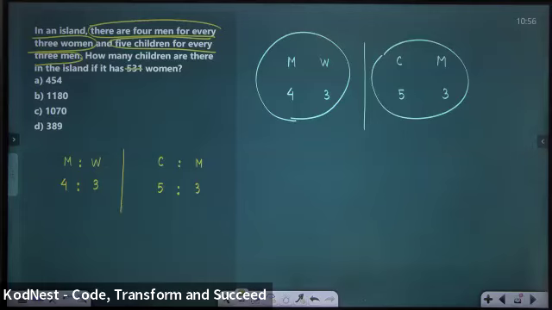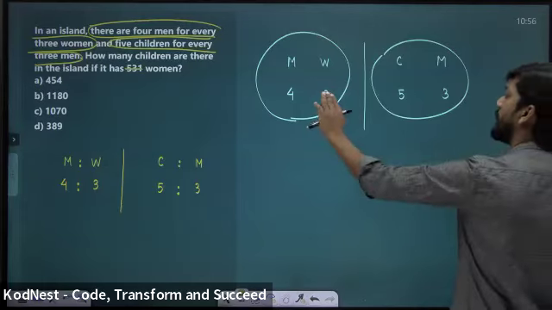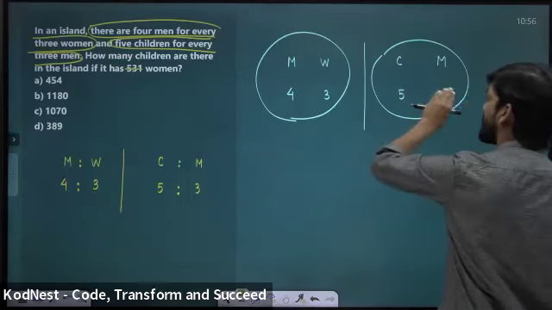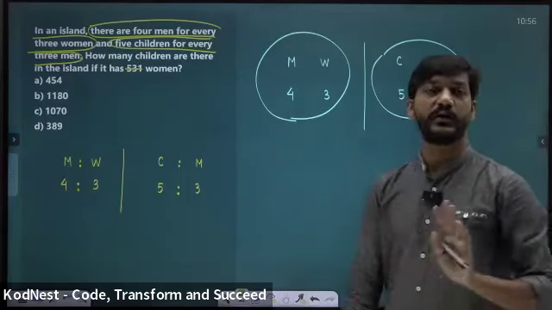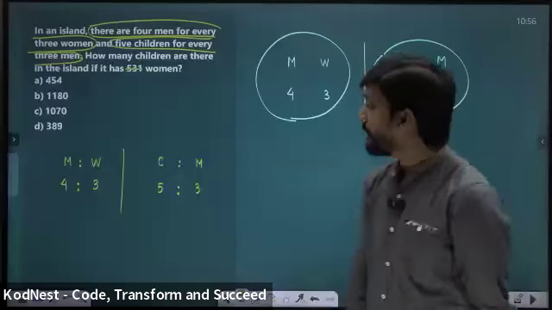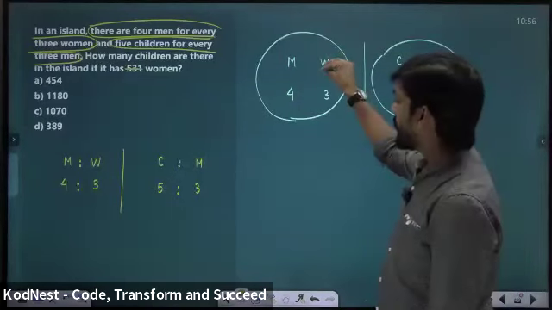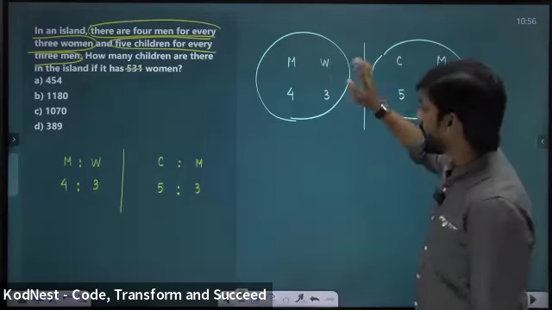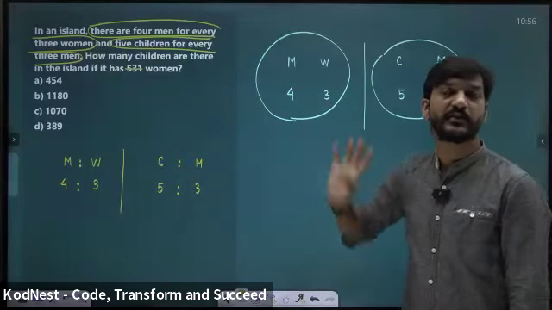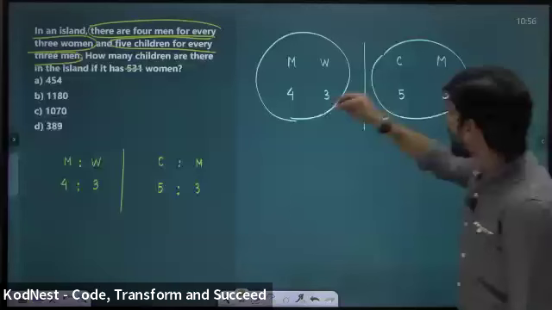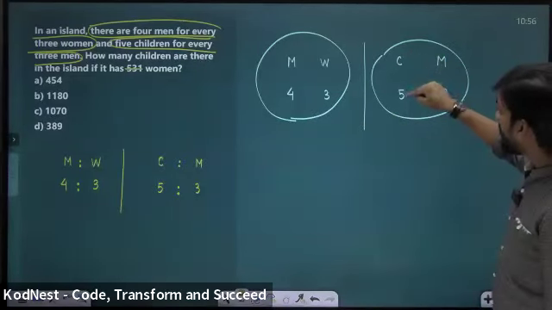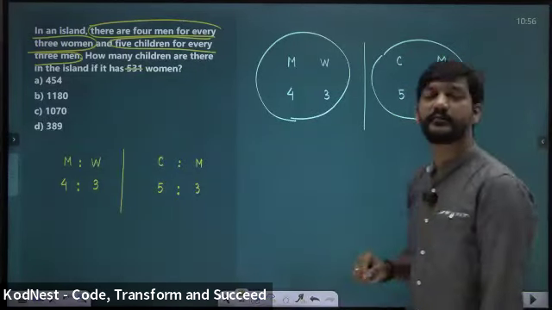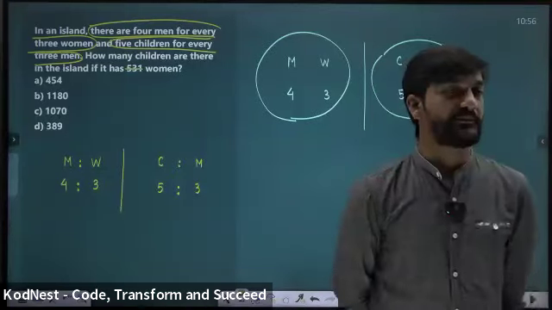Why not 3? Don't say 7. Don't think, sir, 4 men plus 3 men, total 7. Don't think this way. I've taken the values from the ratio. That means I am saying number of men are 4, number of women are 3, from the first ratio. From the second ratio, number of children are 5, number of men are 3. So what is the problem?